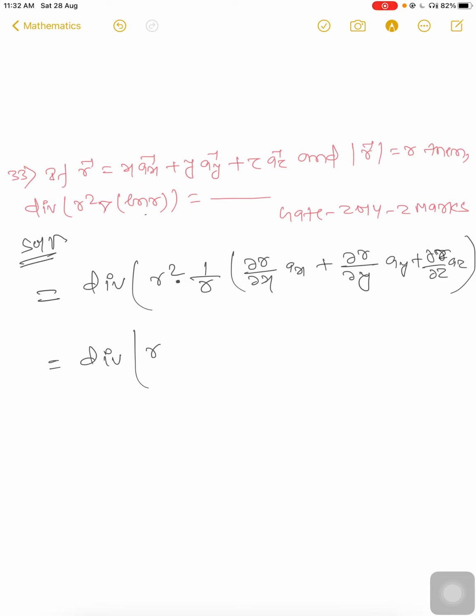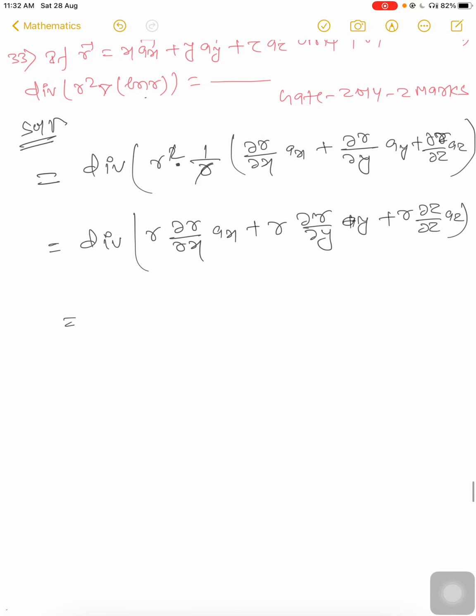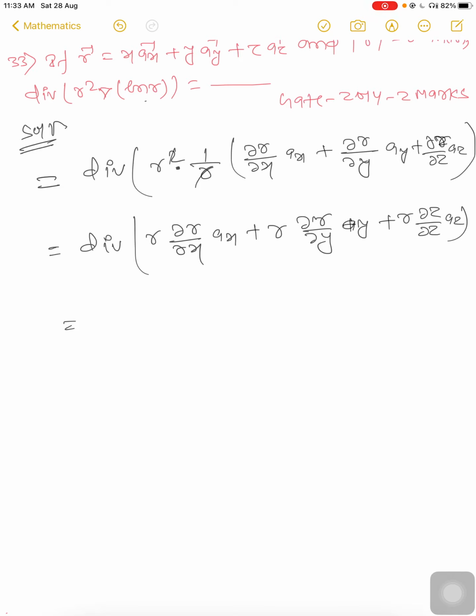So divergence, r cancels out, and r del r upon del x ax plus r del r del y ay plus r del r del z az. Now put r is equal to x ax, y ay, z az, then dot product.